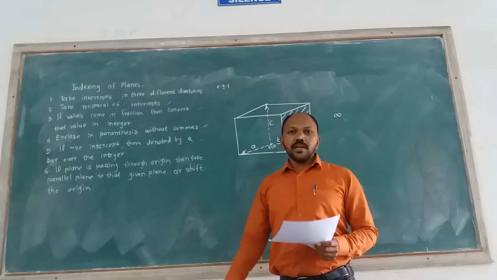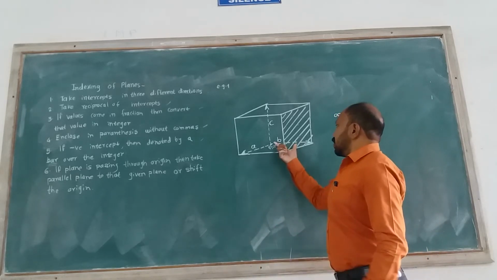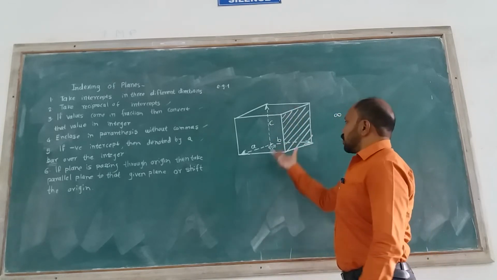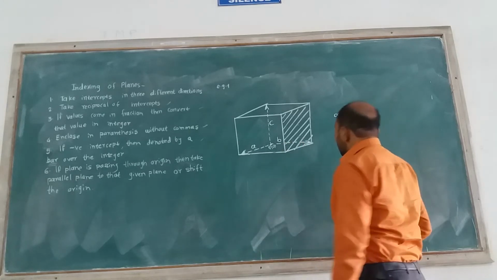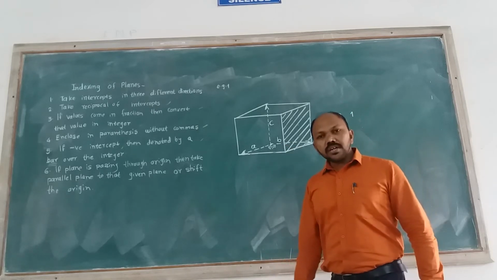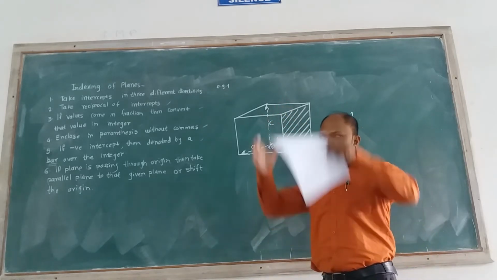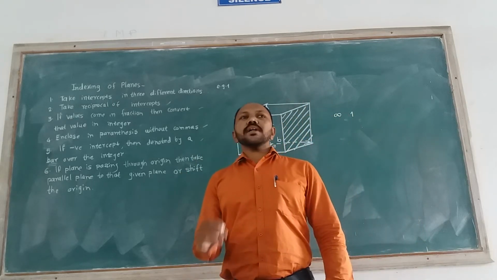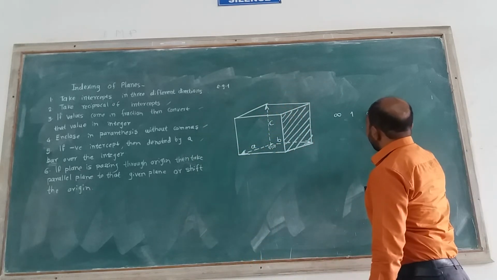Now the b value: the b distance becomes the unit distance, so the intercept for the b direction is 1. The c direction also does not touch this plane; it is parallel to it and may intersect only at infinity, so this value also becomes infinity.